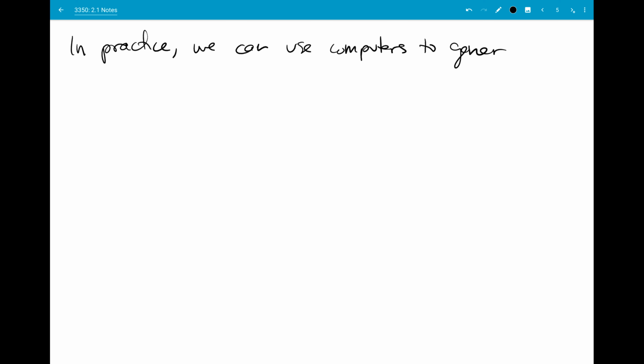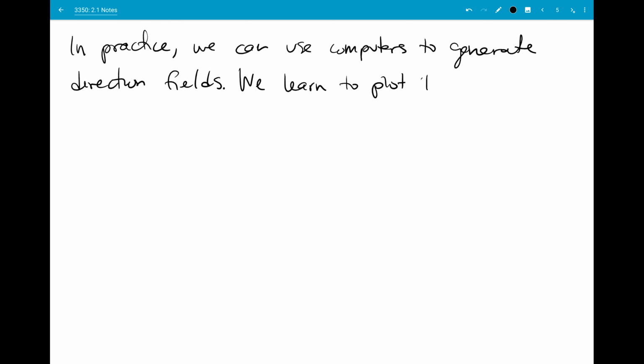So that was an example of generating a direction field and reading off of it. In practice, we can use computers to generate much better direction fields than what I'm able to draw. And in the next video, I'll actually show you that. I'll switch away from this app and open up a website that you can use instead. But we learn to plot them by hand so that we understand what they are.